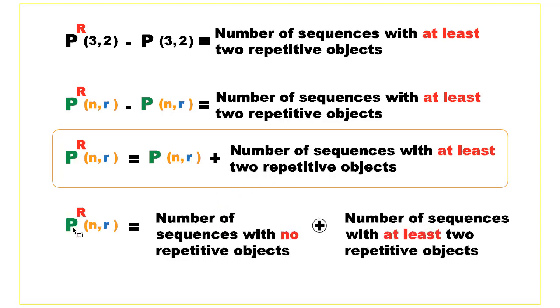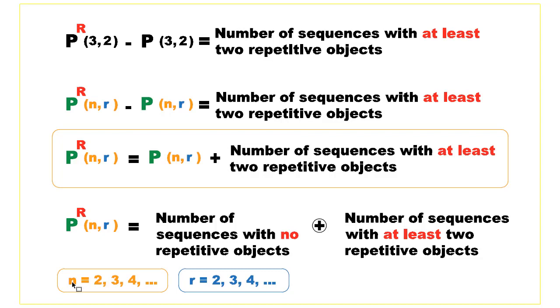Or we can write P and R with replacement is always divided into 2 numbers. The first number represents sequences with no repetitive object, and the second number represents all the sequences with at least 2 repetitive objects. We have to remember that to apply this formula, n must start from 2 and r must start from 2 also.